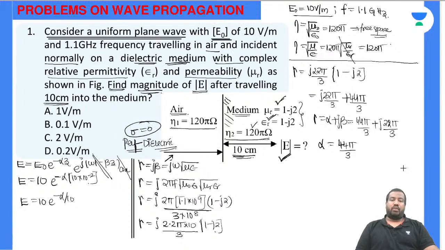Alpha is 44 pi by 3. Calculate and tell me the answer. 44 pi by 3, calculate here.